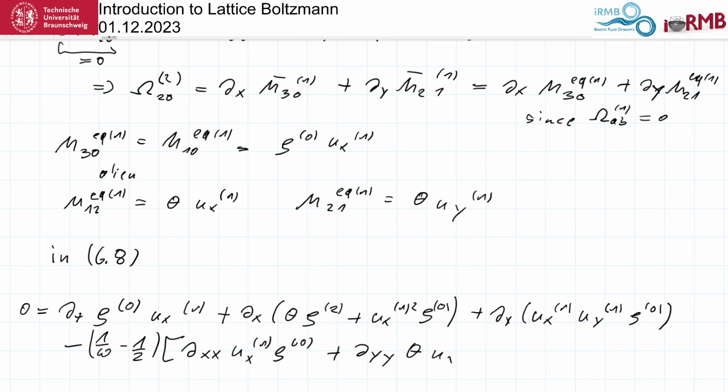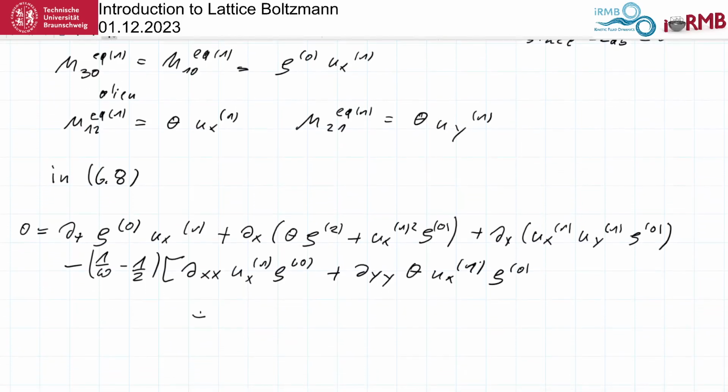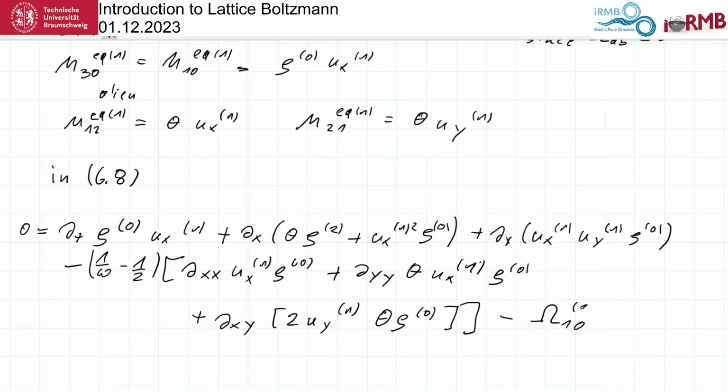theta ux. See, deriving the Navier-Stokes equation from scratch is always a lot of work. Plus, so there's something missing, dxy 2 uy first order theta 0 order, and still we have to have this one guy here.